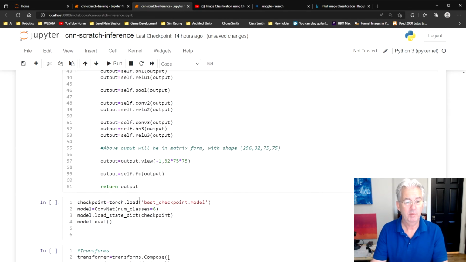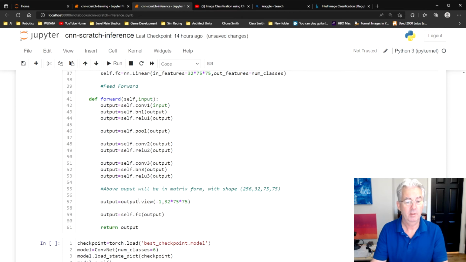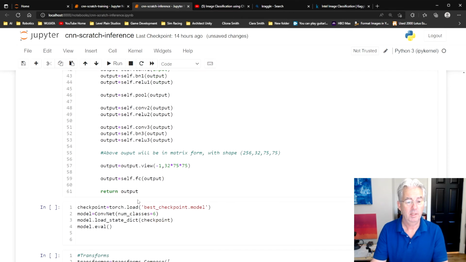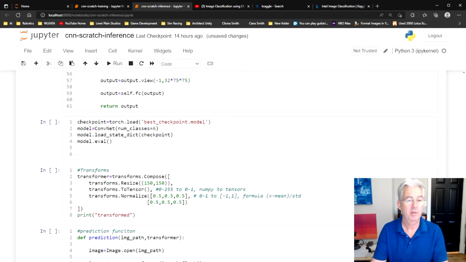So where did we load the model? Let's go back to where I loaded the model. Yeah, okay, so here is where I loaded the model. I said, okay, where is the best model? You remember this name, best model, from the last time. It's been loaded into Torch effectively, and then it calls the convolution again, and it loads the state, and then it does an evaluation.